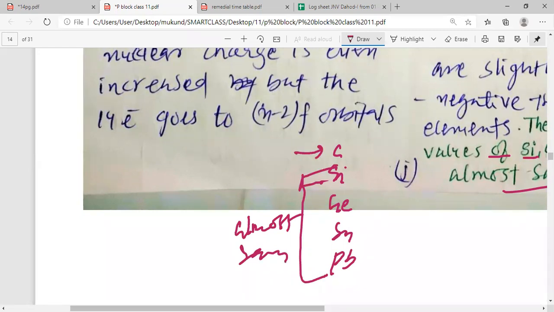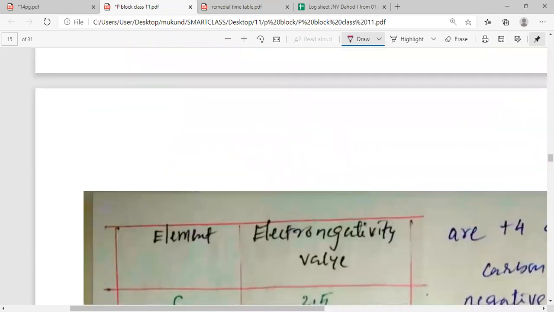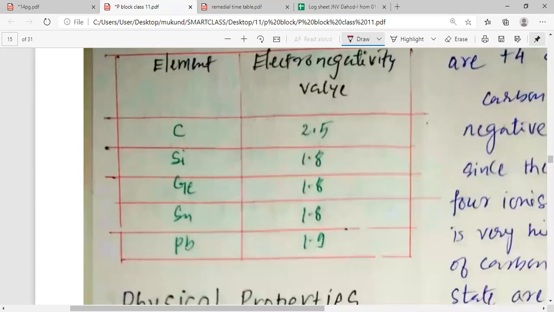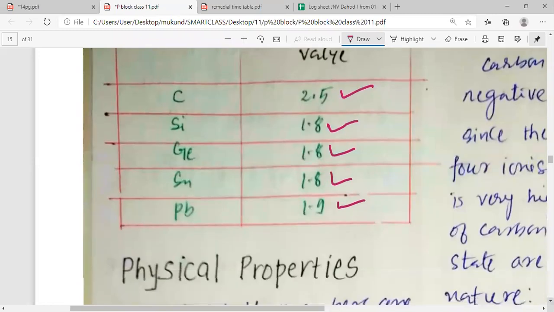Carbon has the highest value of electronegativity, but as you go down the group the value decreases, and these all have almost the same value. You can see that in this table I have drawn for you. The electronegativity for carbon is 2.5, for silicon it is 1.8, 1.8, 1.8 and 1.9. It shows that they have almost similar electronegativities.